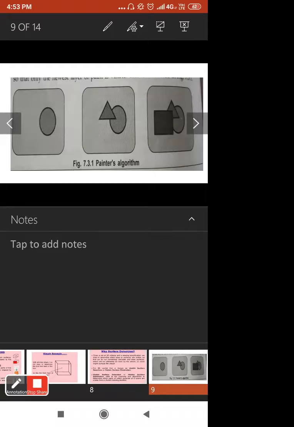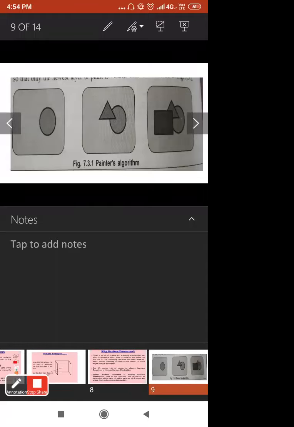Lying on the xy plane, but their z coordinates are facing or overlapping each other. And the scan conversion of polygons is done in order, starting with the polygon of greatest depth. So likewise the Painter's algorithm works.